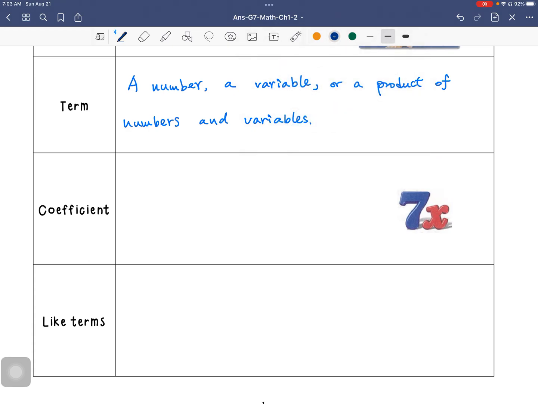And a coefficient is the number multiplied by a variable in an algebraic expression.